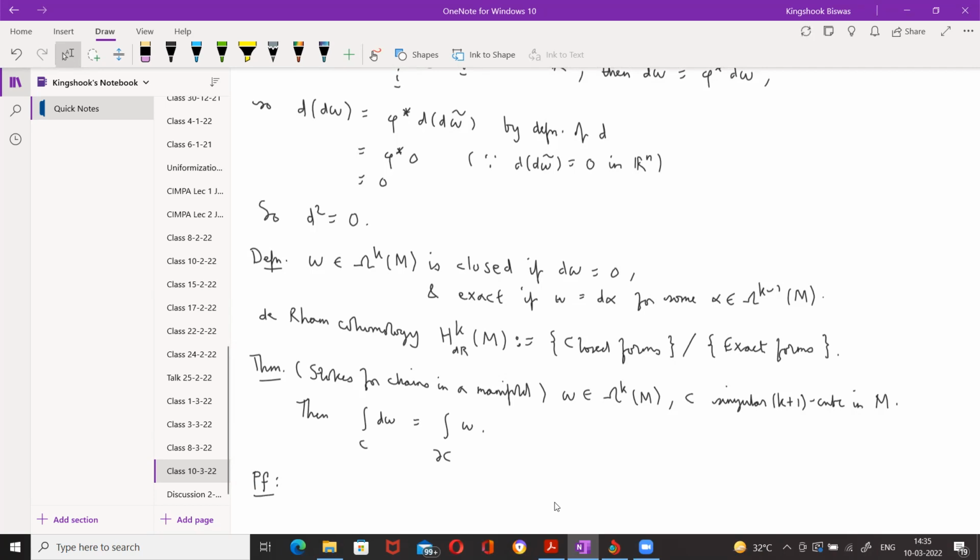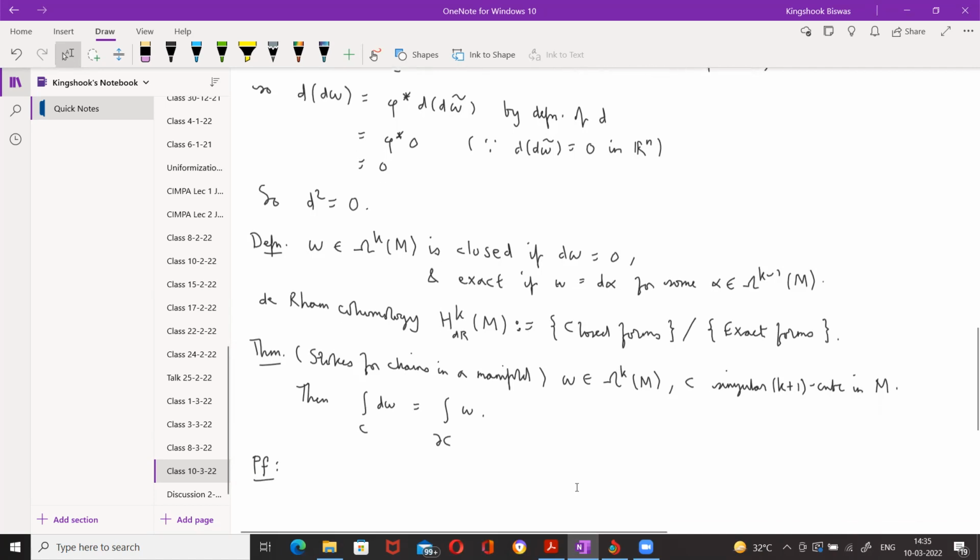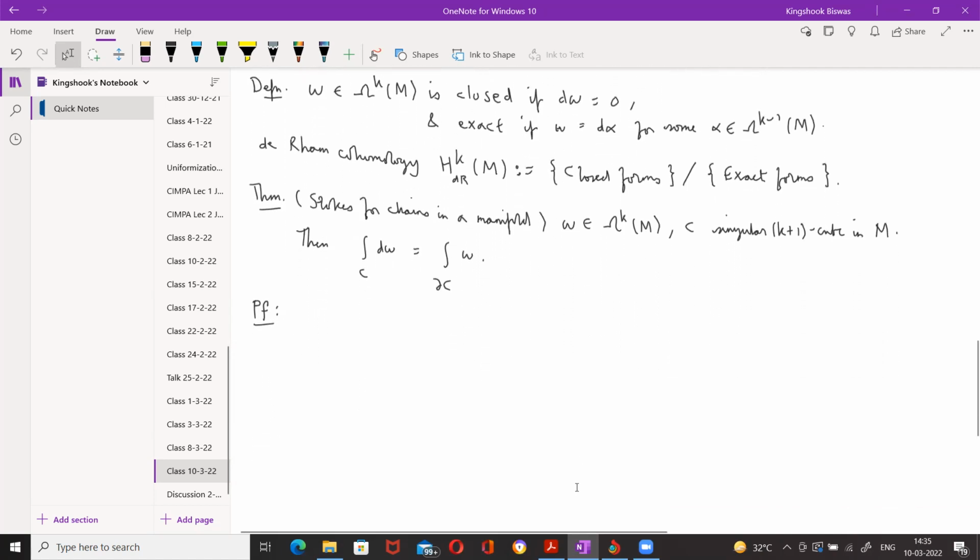By definition of the exterior derivative, this holds if the image of C lies in a chart.